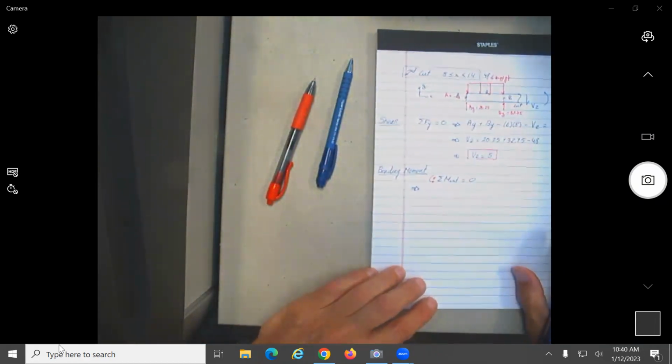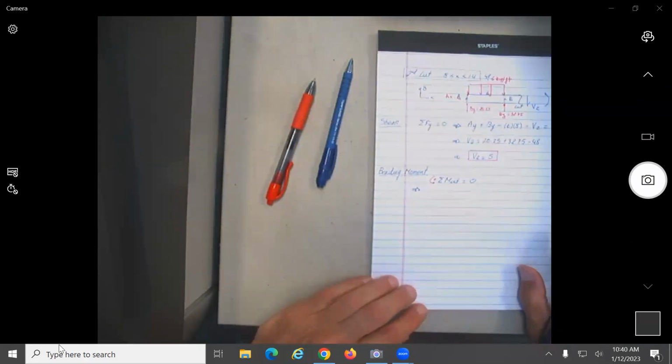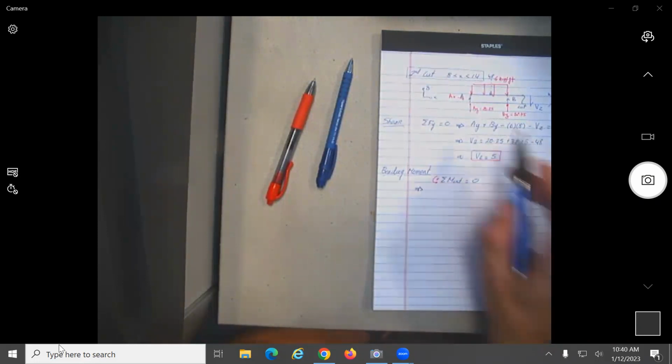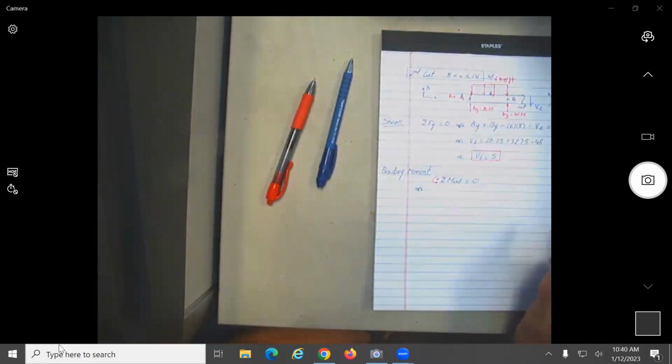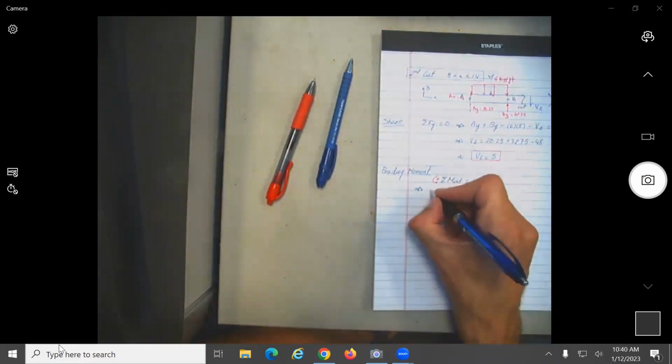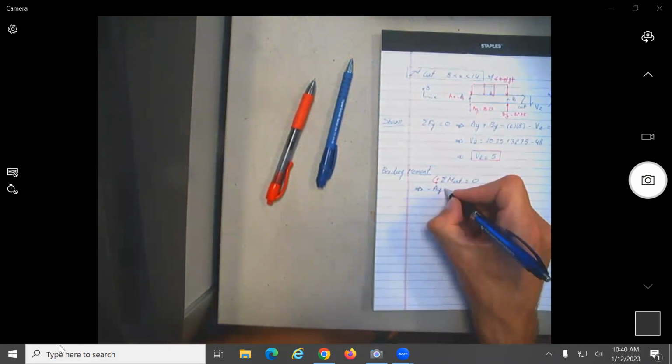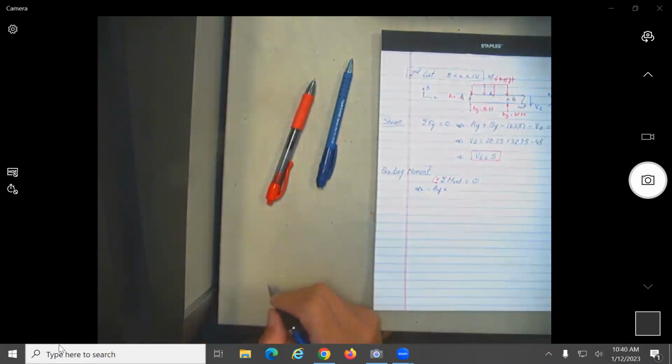All right, so let's start with the moment about the cut. So let's start maybe with the force AY. Will AY be creating a positive or negative moment? Negative, so we have negative AY. What will be the arm? X. Perfect. Now let's do the same thing. Let's start with BY.